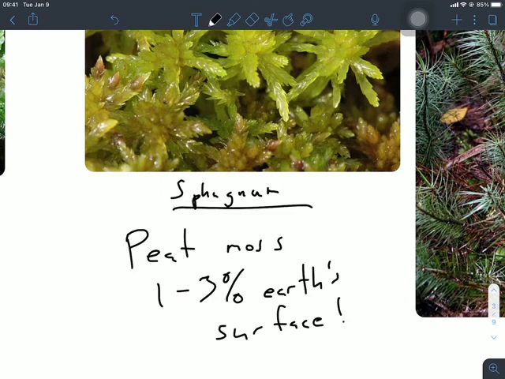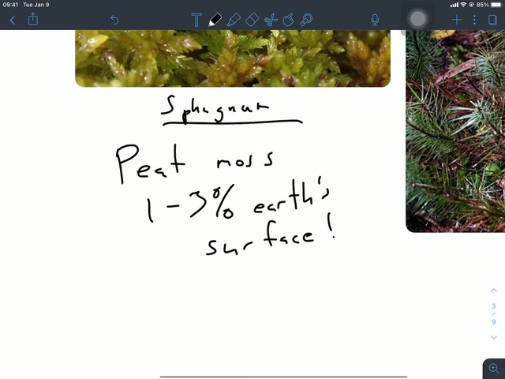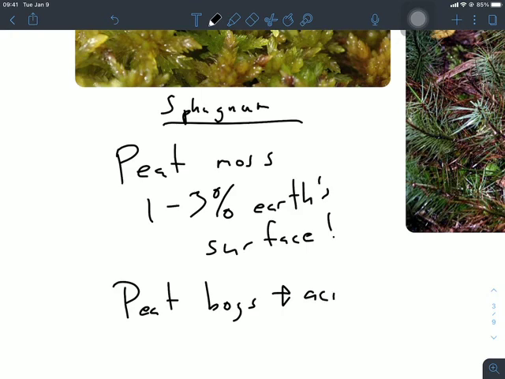These peat bogs are largely acidic, because of the accumulation of different minerals and resources there. And they are largely made up of these sphagnum mosses that are occupying the vast majority of the photosynthetic space.